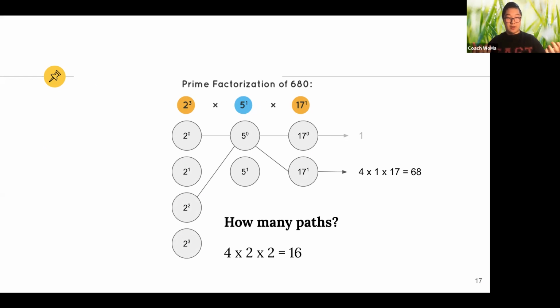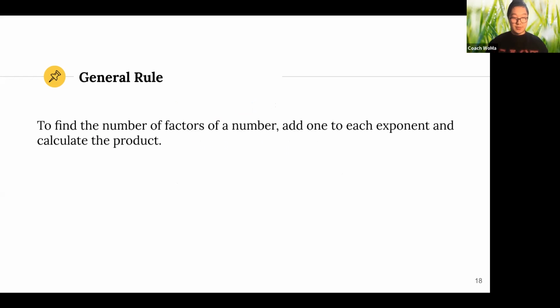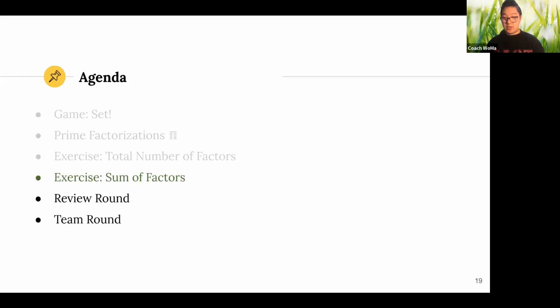So now that you have all those exponents plus 1, you multiply them together, like 4 times 2 times 2. So back to the next slide again. When you are given this question, you would want to get the prime factorization, add 1 to each of the exponents, and calculate the product. Cool. Let's move on to the next question.